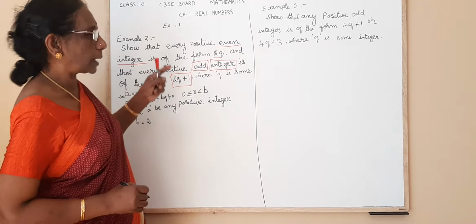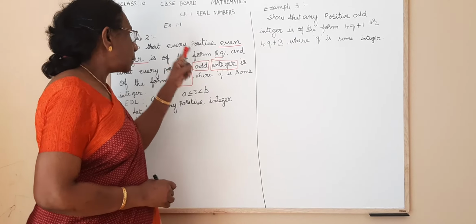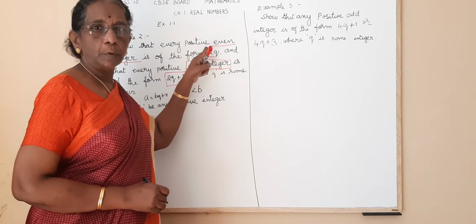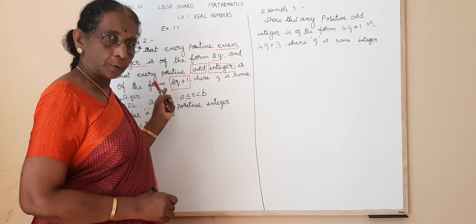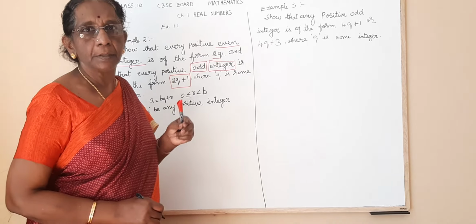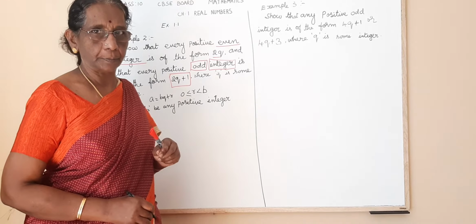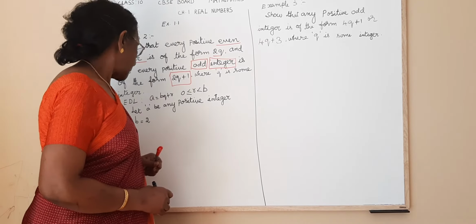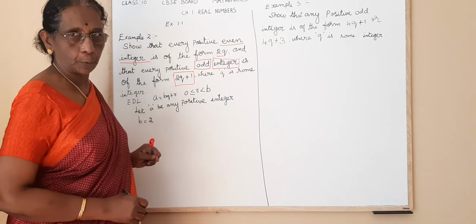You understand how to select B? Here it is given what we have to prove. An even integer is of the form 2q, a multiple of 2. An odd integer is of the form multiple of 2 plus 1. So when you divide any integer by 2, you should get the remainder 0 or the remainder 1. That's the meaning of this. So we are selecting B as 2.